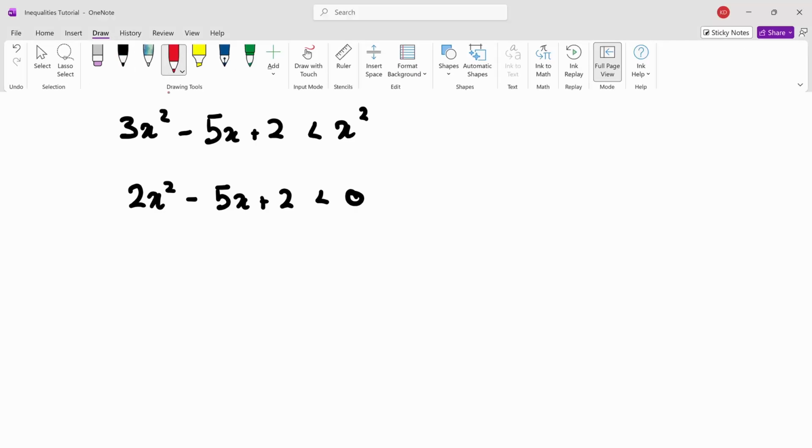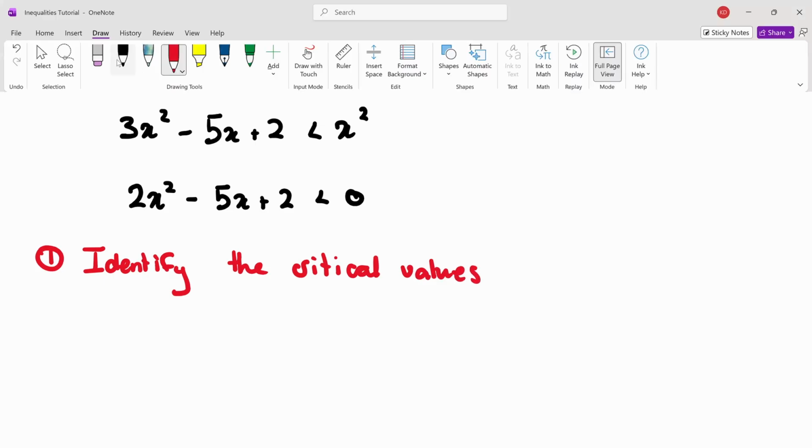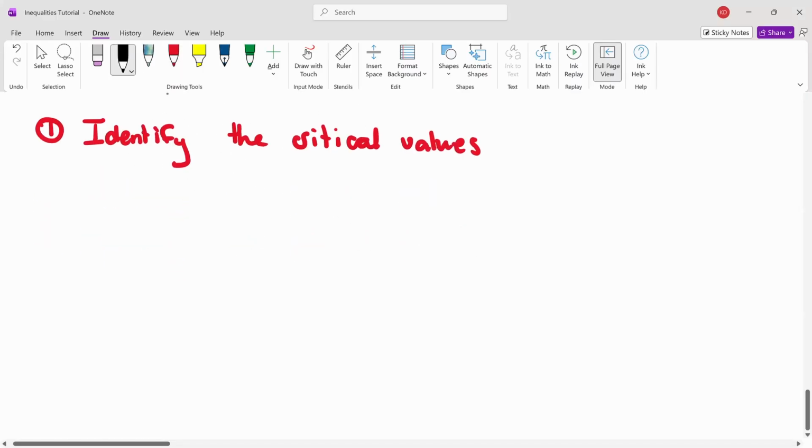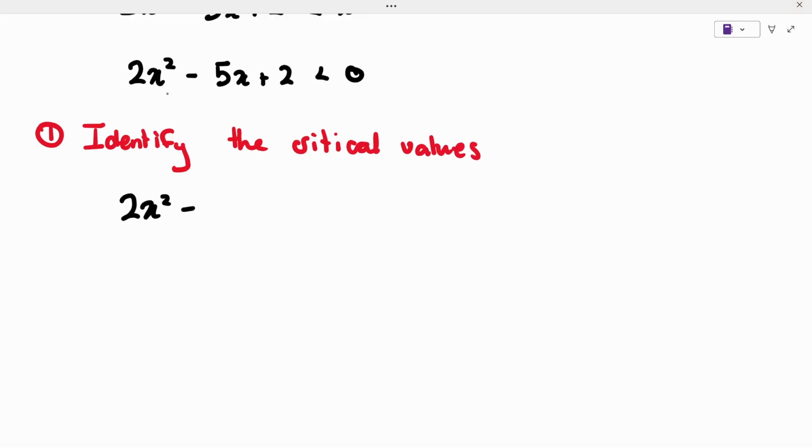Nice. What is our first step? We need to identify critical values. So how do we do that? We solve the associated equation. So we are solving the equation 2x squared minus 5x plus 2 is equal to 0.